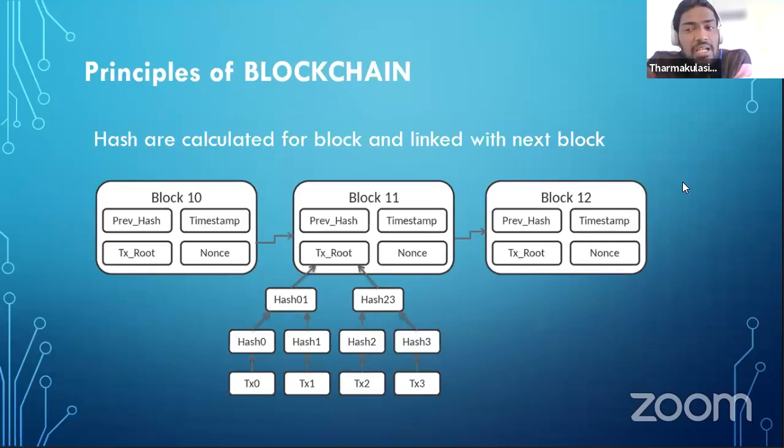The other technique is hash. Hash is the digital footprint of the data. So we calculate the hash. A transaction is like sending money from one person to another. Those are the transactions, right? One block may have many transactions.